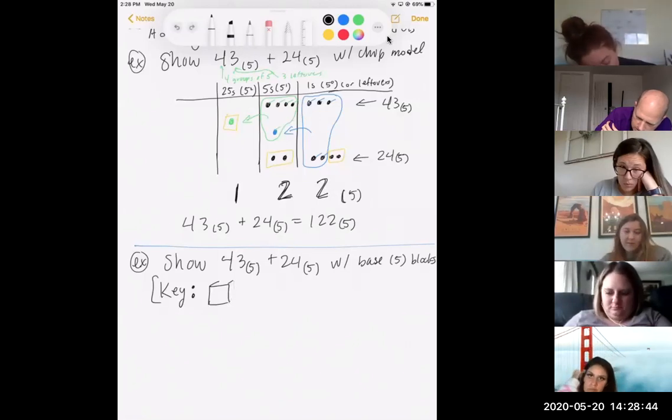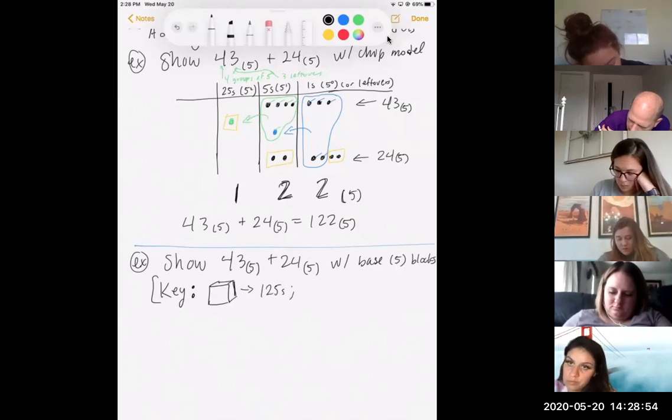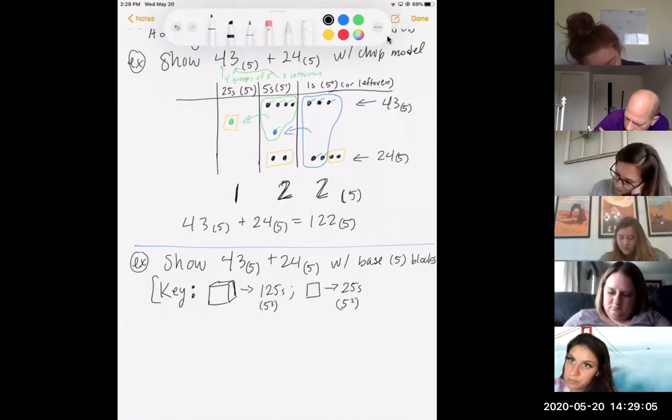So the big cube is going to represent the 125's place. The flat is going to represent the 25's place. So that's 5 cubed, 5 squared. Okay, so that might help you with the cubes and stuff.